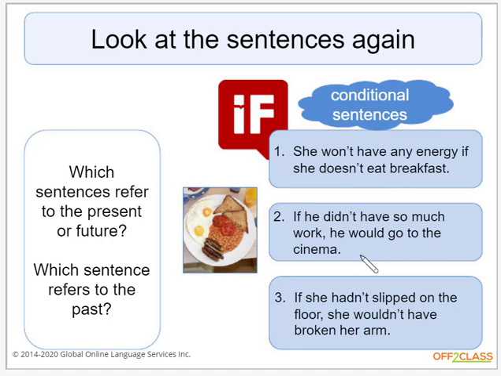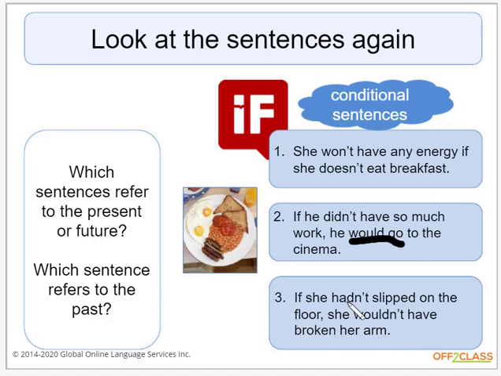How about this one? If he doesn't have so much work, he would go to the cinema. Is that present, future, or past? This one's actually future. He would go. There's something different in that he would go. Next: if she hadn't slipped on the floor, she wouldn't have broken her arm.